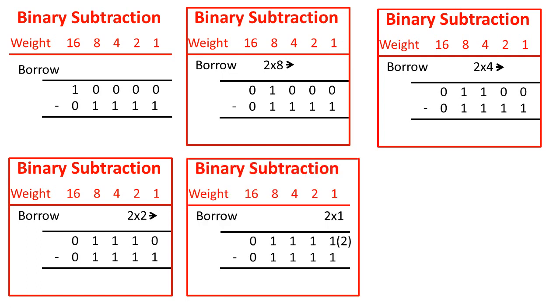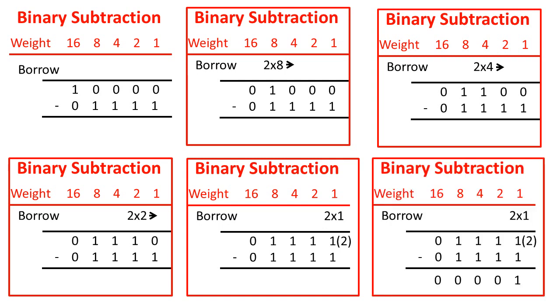Observe. So in the rightmost column, when the 1 has been shifted, as the weightage is half of the previous column, again it will be accepted as 2 ones. So 2 ones minus single 1, the result will be 1. Observe. 2 ones minus single 1, the result is 1.